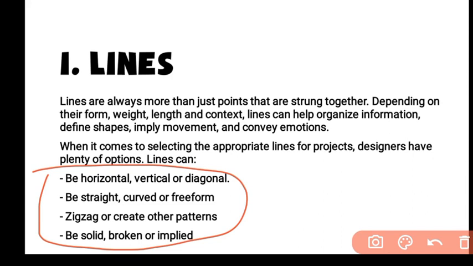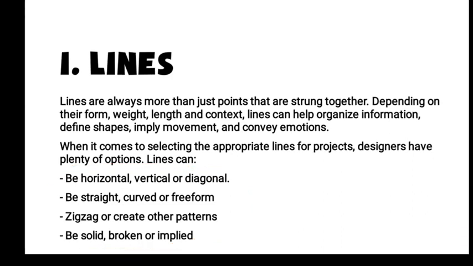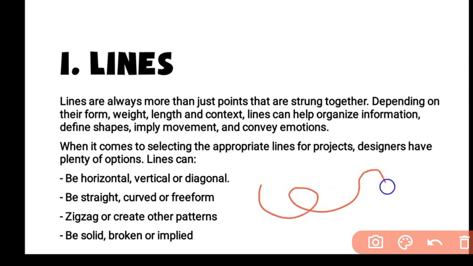Let's use this as an example. This is a straight line, while this is a curved line. Free form can be in any form. This is an example of a free form line, for instance if you want to form a road.